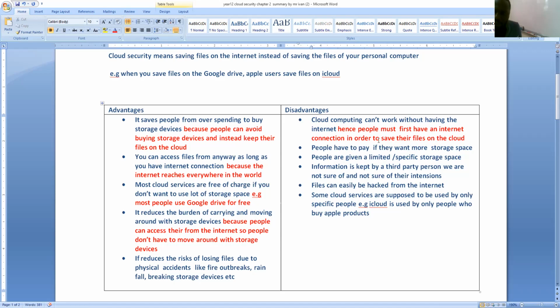Next, people have to pay if they want more storage space. So sometimes it's expensive. Why?